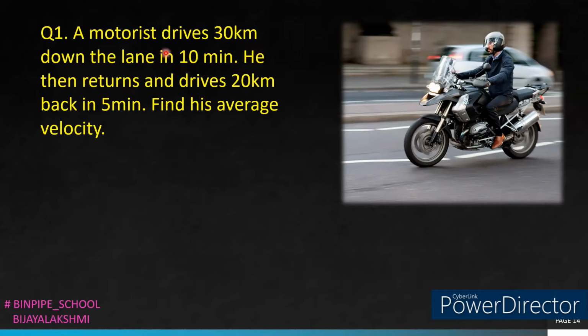Since the motorist is driving 30 kilometers down and returning back 20 kilometers, what is his total displacement? The total displacement of the motorist is nothing but 10, isn't it? So 30 minus 20, that is 10 kilometers.